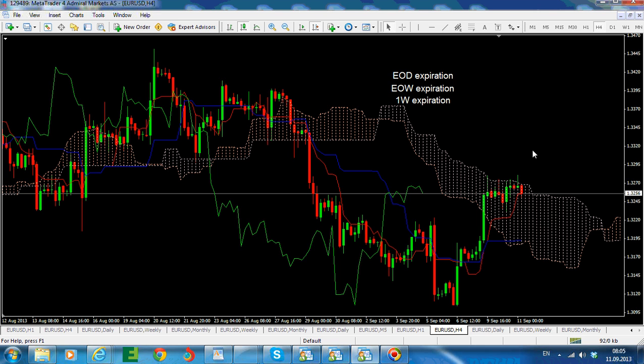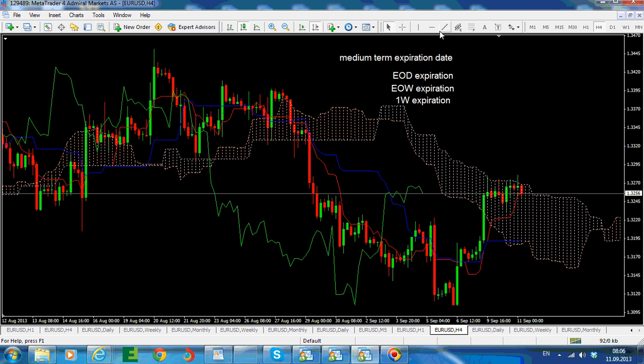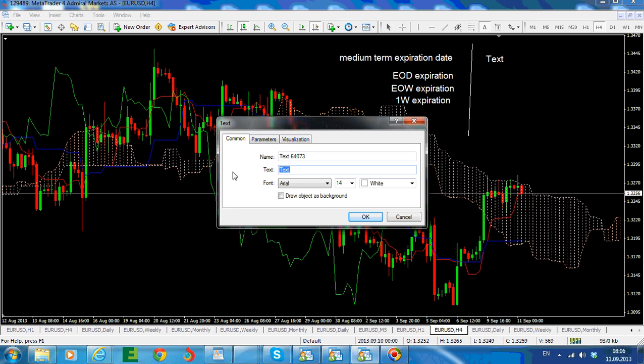Now, one-touch options ideally can be traded on specific patterns here. So you have options with medium-term expiration date based on the 4-hour chart. Then, of course, we are looking for one-touch options, like the example we gave on the previous recording with that contracting triangle you are seeing there on the top of the screen.